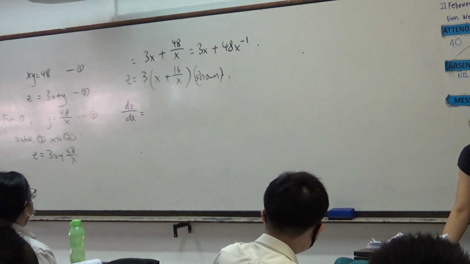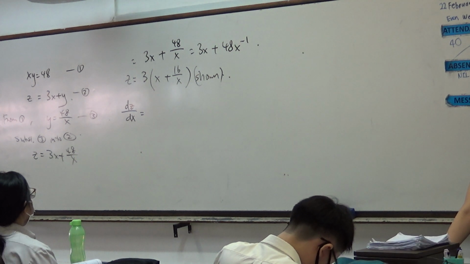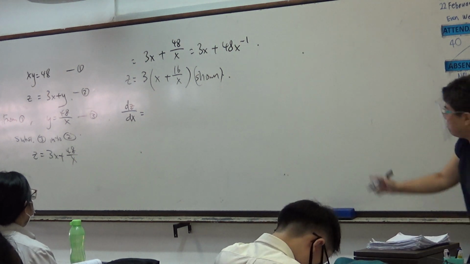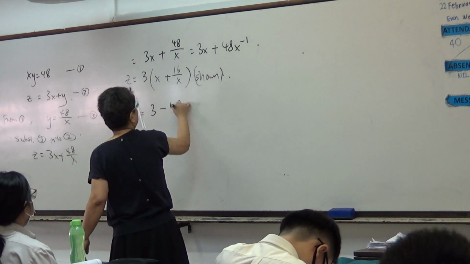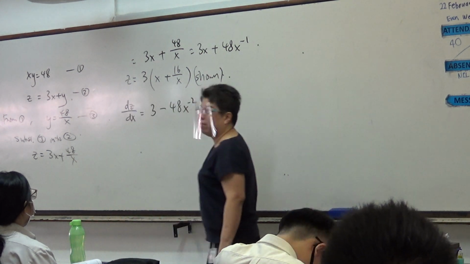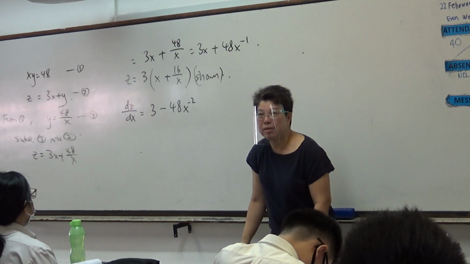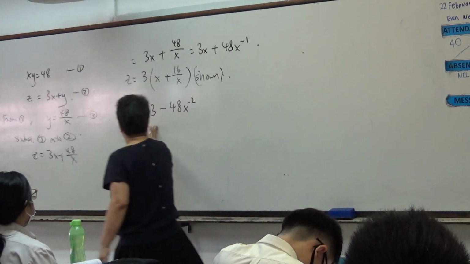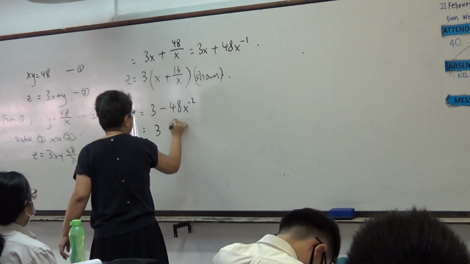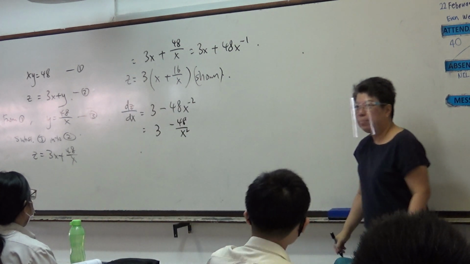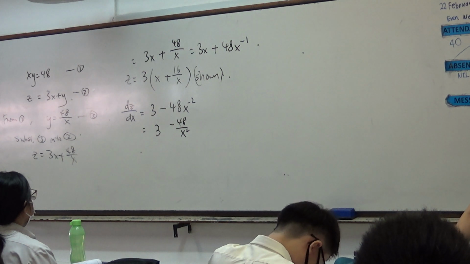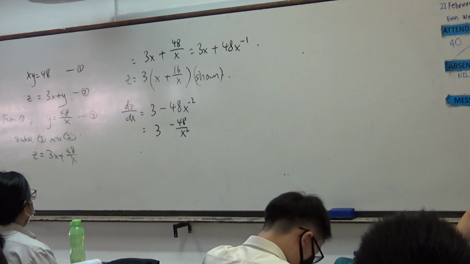Easier for you to differentiate. Am I right to say that? Yes or no? Okay, if I differentiate this, what do I get? 3 minus 48x to the power of minus 2, right? Can you see it? So I will have 3 minus 48 over x squared. Am I right? Everybody okay?